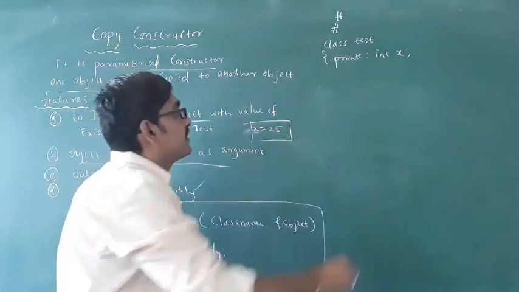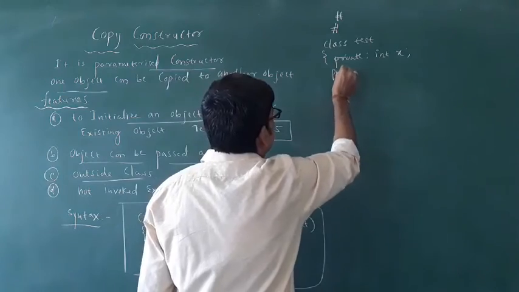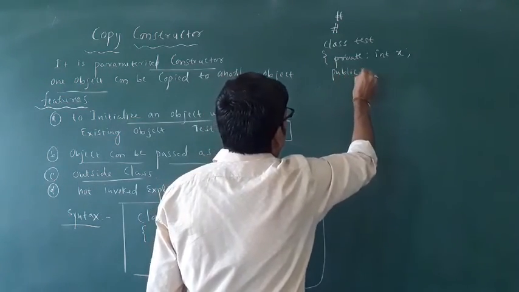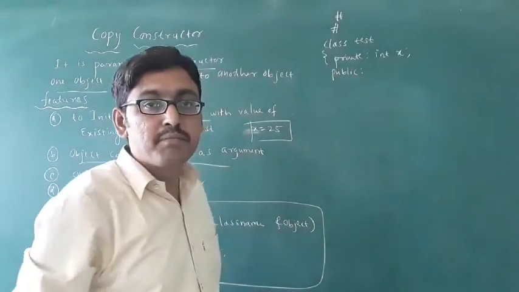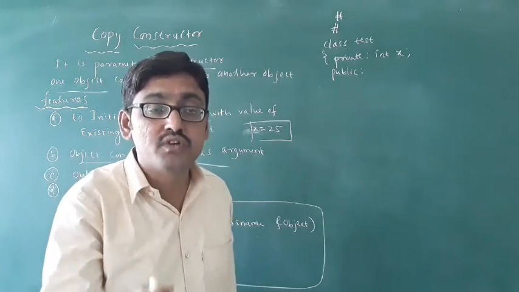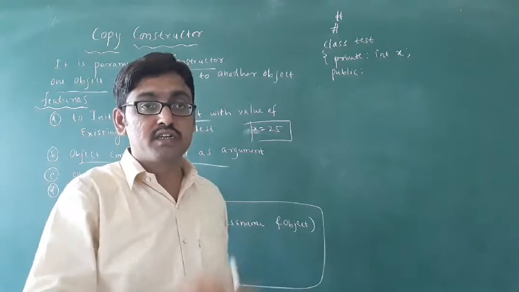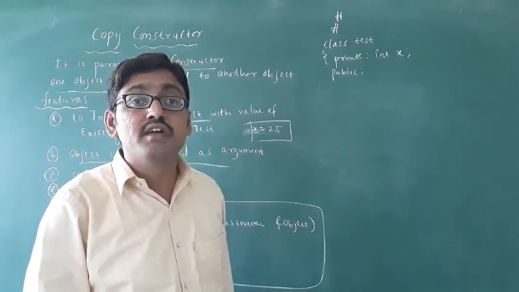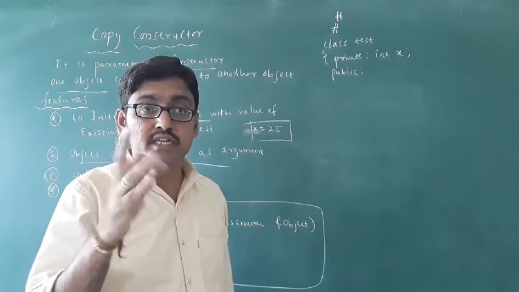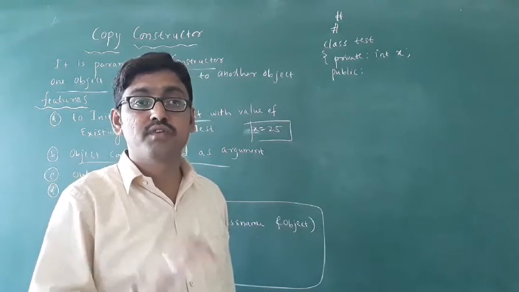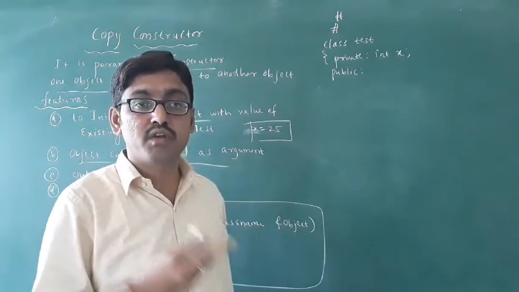Then now I am taking public. In the public section you must write the constructor, a constructor can be defined in the public section only. Here define the constructor. I said the copy constructor is a parameterized constructor. First you have to declare a parameterized constructor. How to write a parameterized constructor?